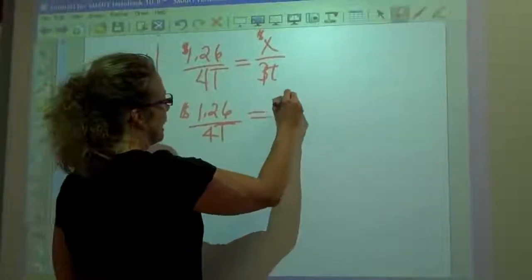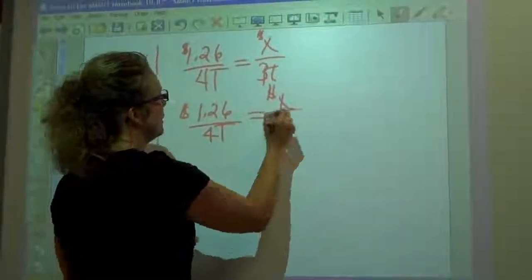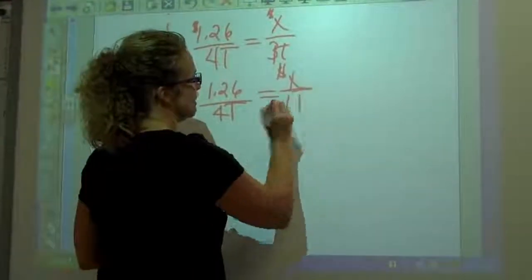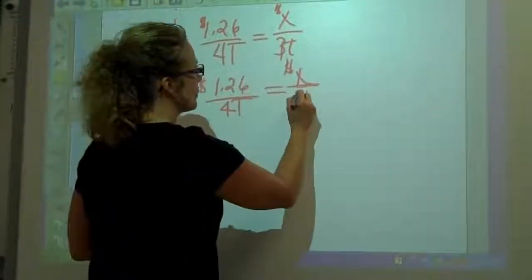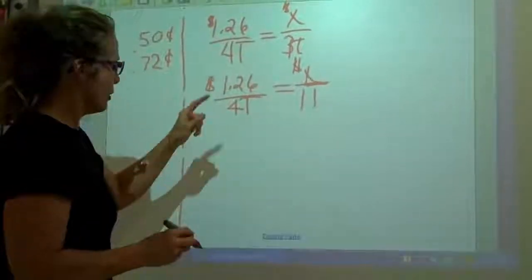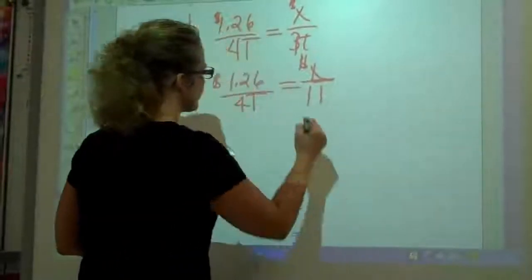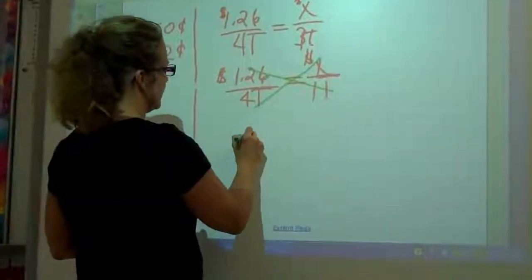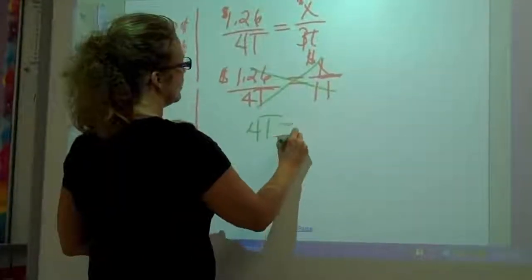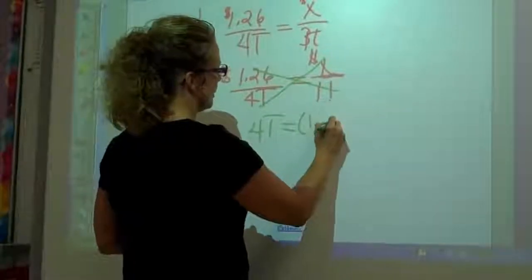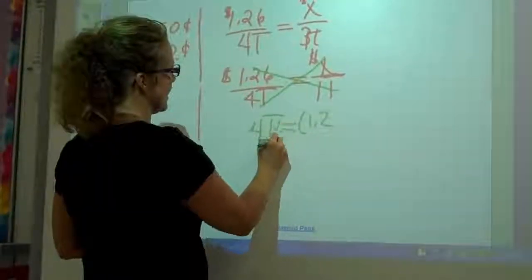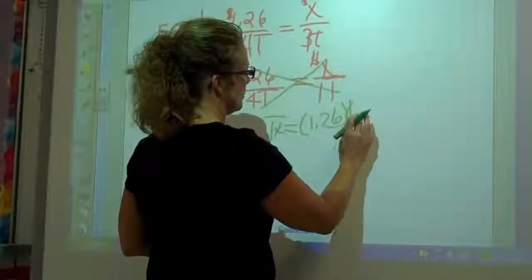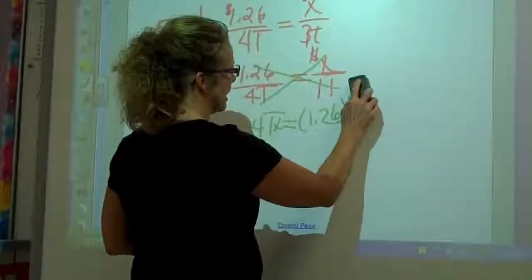Equals, how much does it cost? There are 3 teaspoons in 1 tablespoon. So this is 1 tablespoon. All right, so now you cross multiply. So we have 4tx equals $1.26 times 3.